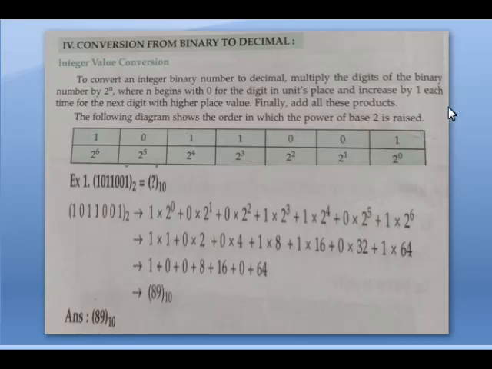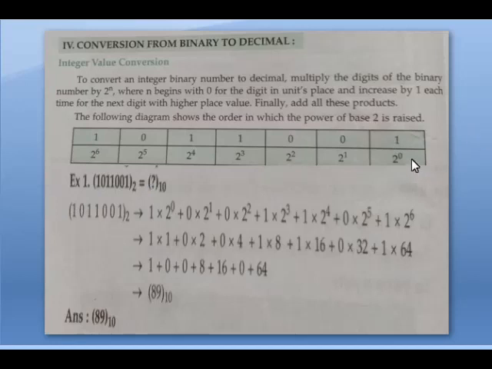Then from right to left we increase the power by 1. So here 2 power 0, 2 power 1, 2 power 2, 2 power 3, 2 power 4, 2 power 5 and 2 power 6. We multiply each digit from right to left and then calculate the numbers.